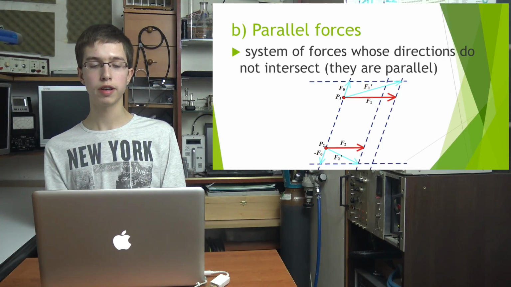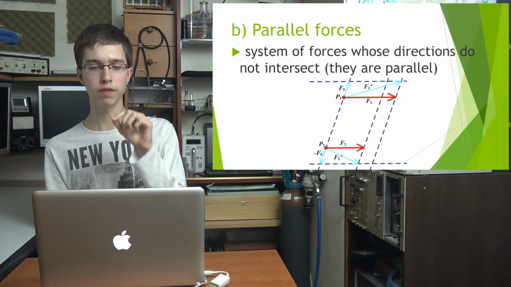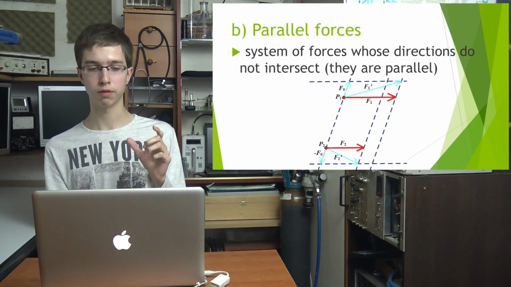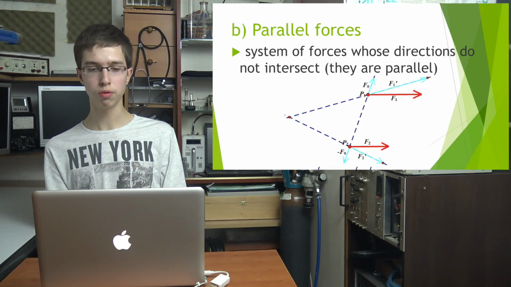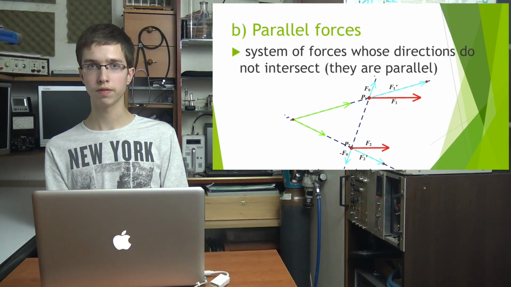Now we sum vectors F1 and F0 to get F1 apostrophe, and F2 and minus F0 to get F2 apostrophe. Now we construct their directions, and where they intersect, the next steps are similar to the concurrent forces system.